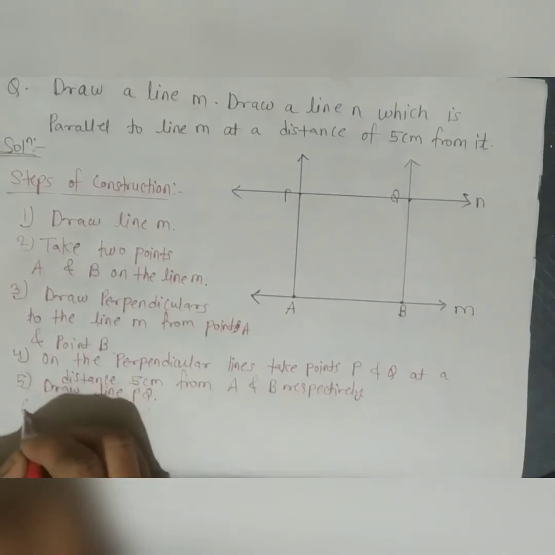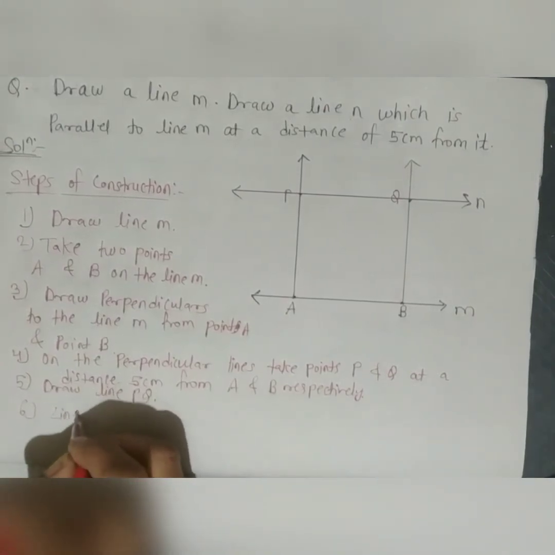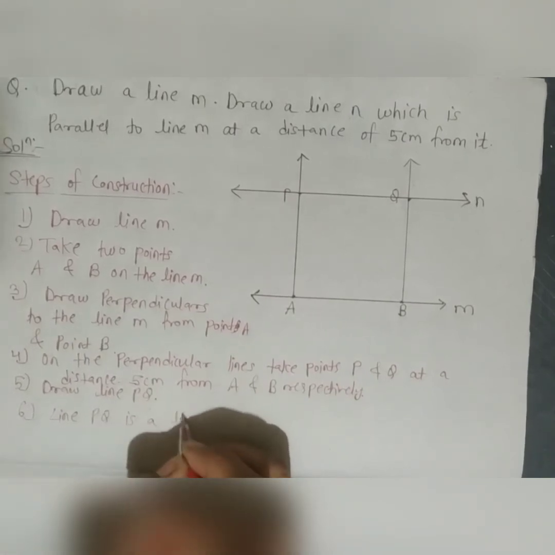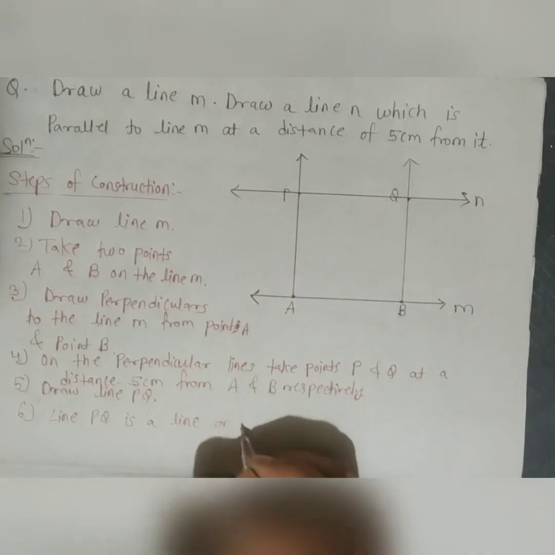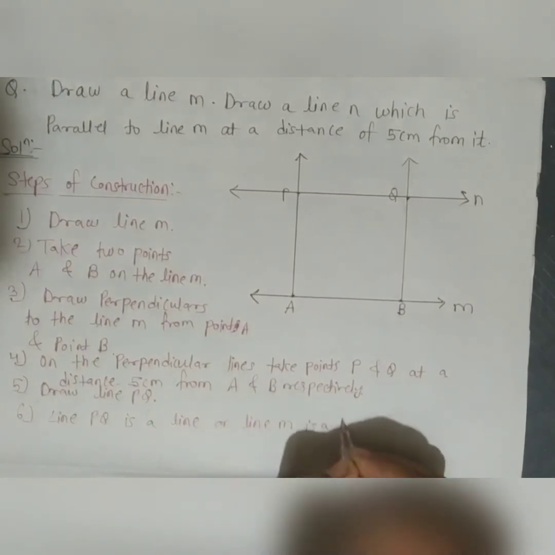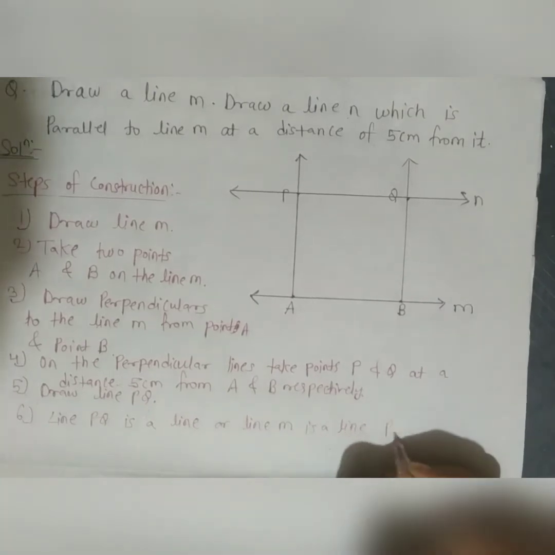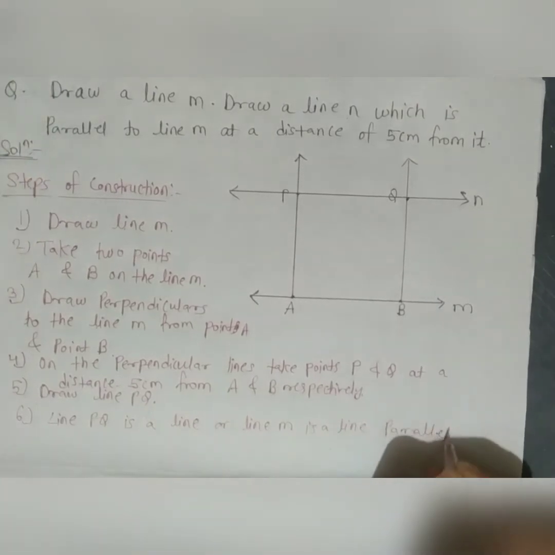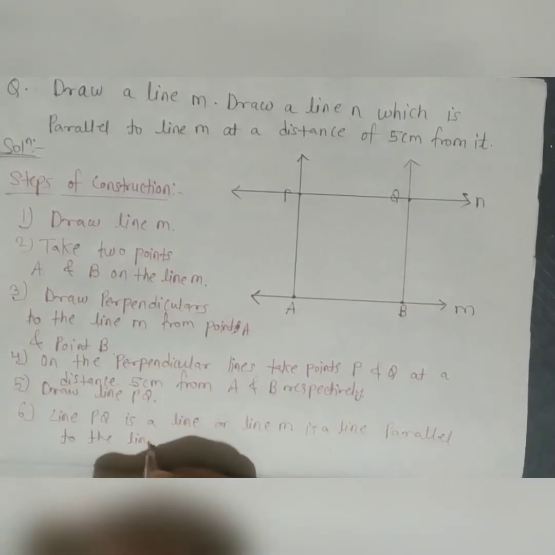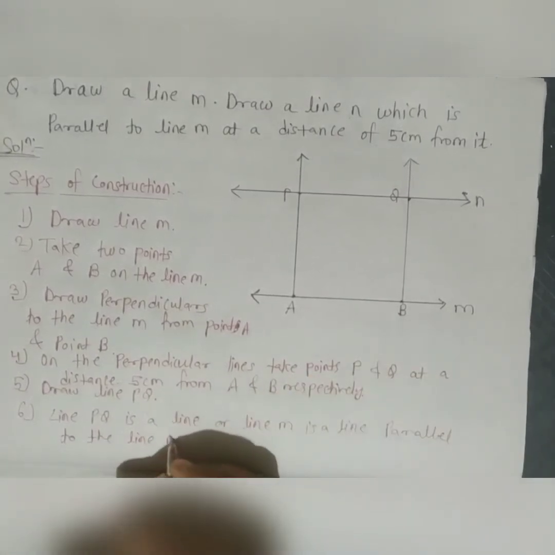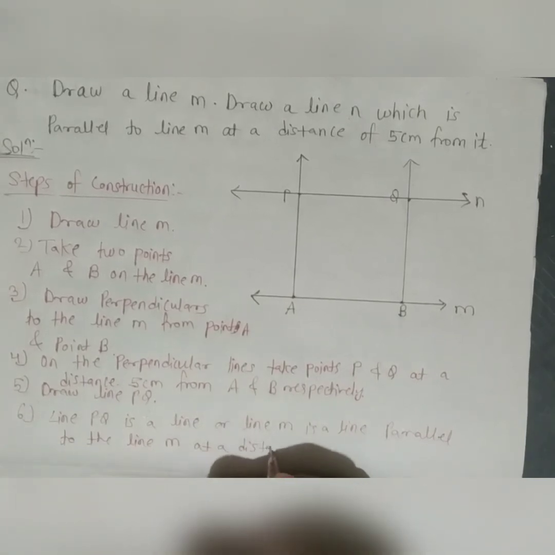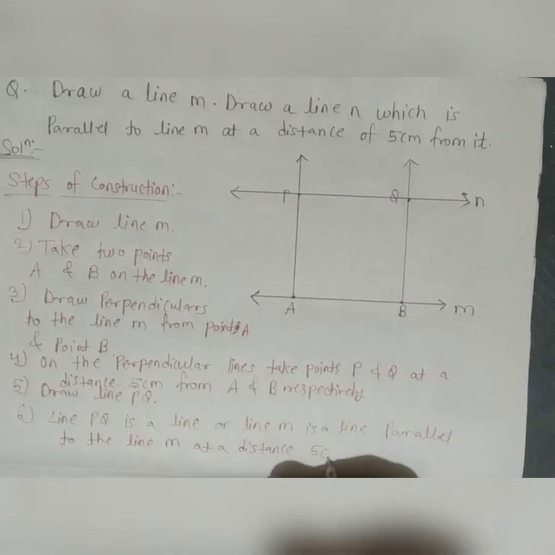And the last step is line PQ is a line parallel to the line M at a distance 5 centimeter.